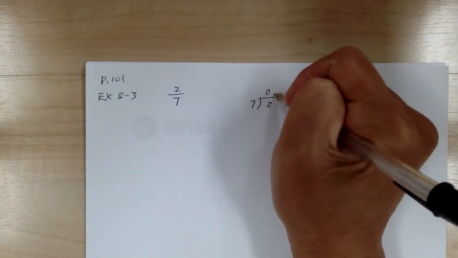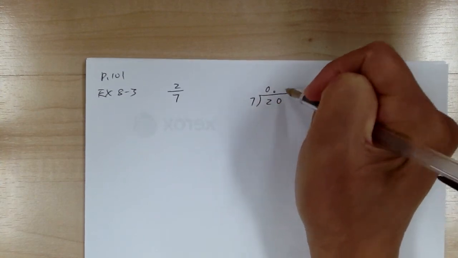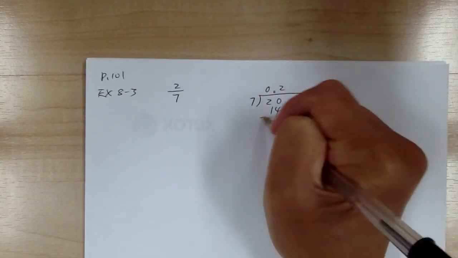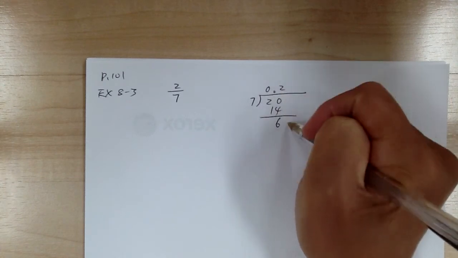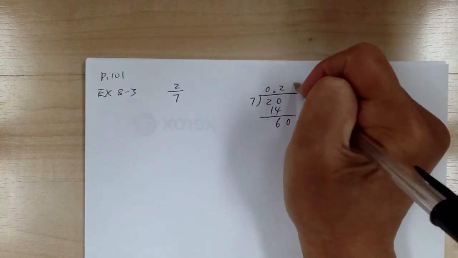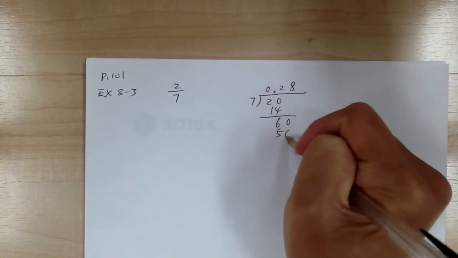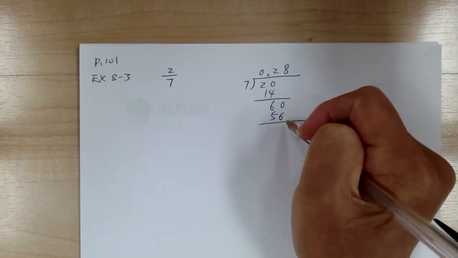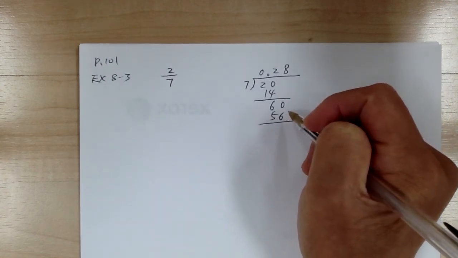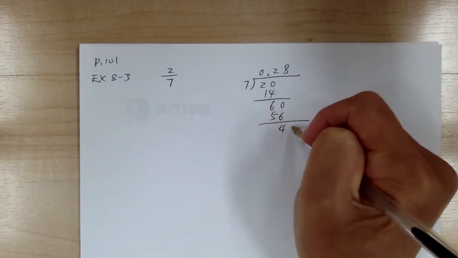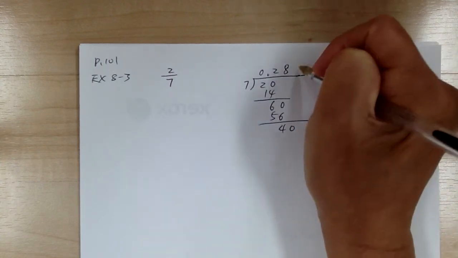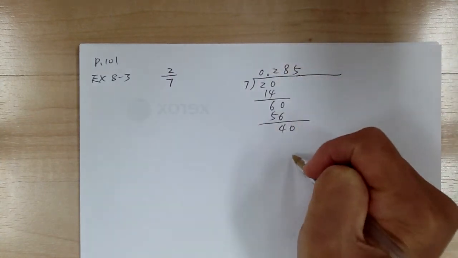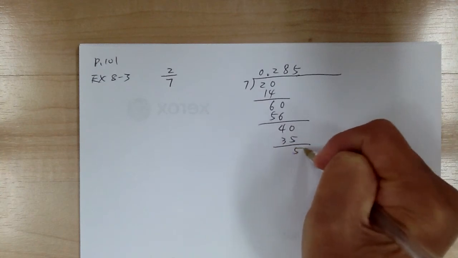So you're going to get 0 point. You add a 0, so it should be 2, 14. You subtract, you get 6. You add a 0, 8, you get 56. And then you get 4, add a 0. So you get 5, 35, so you get 50.